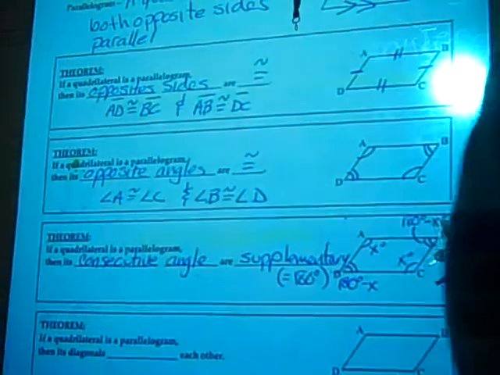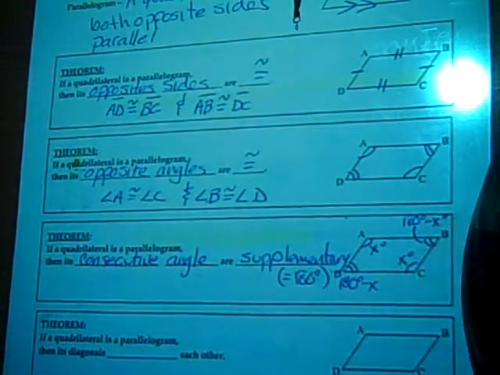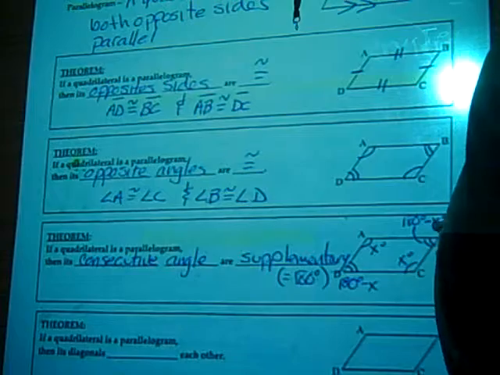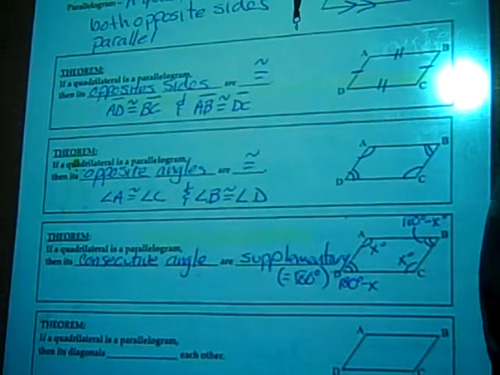Same thing over here. C is x degrees, so B is going to be 180 degrees minus x degrees. Because of this, when we plug any number in for x that's under 180 degrees, we're going to find out when we sum these two together that our total is going to be 180 degrees.